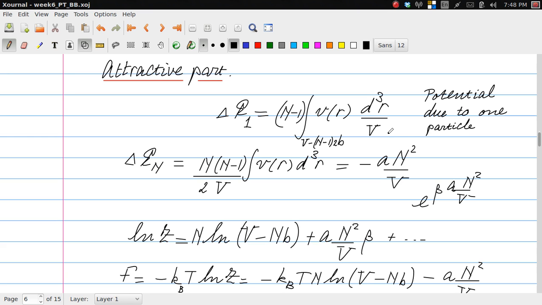Anyhow, this integral, divided by 2, that combination, we call that a.